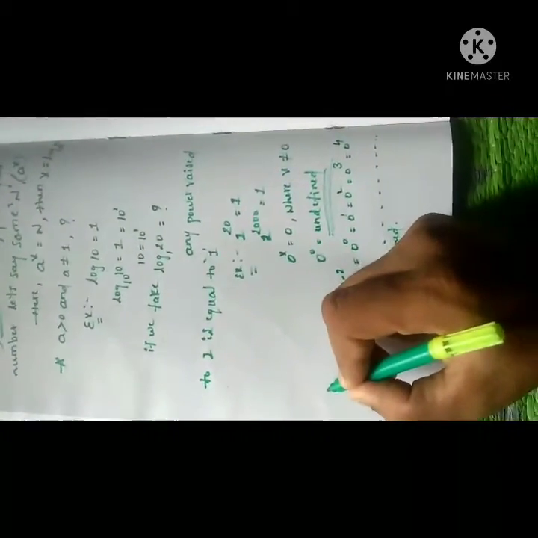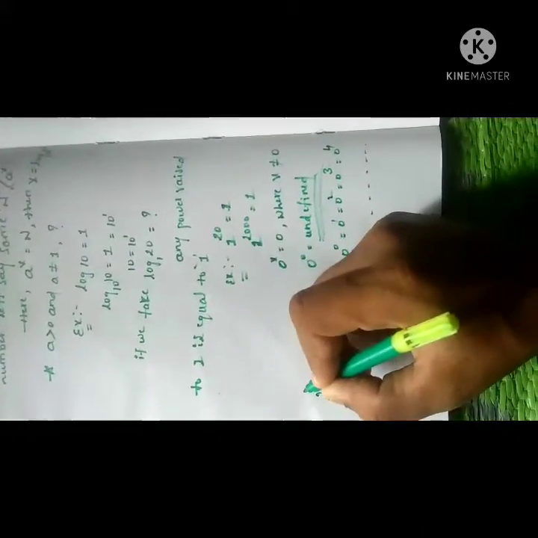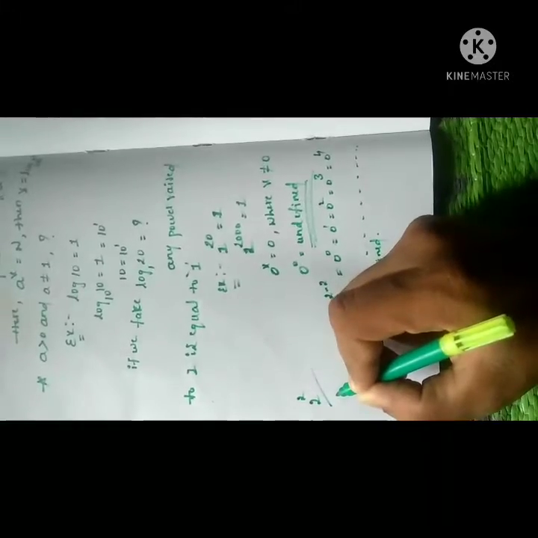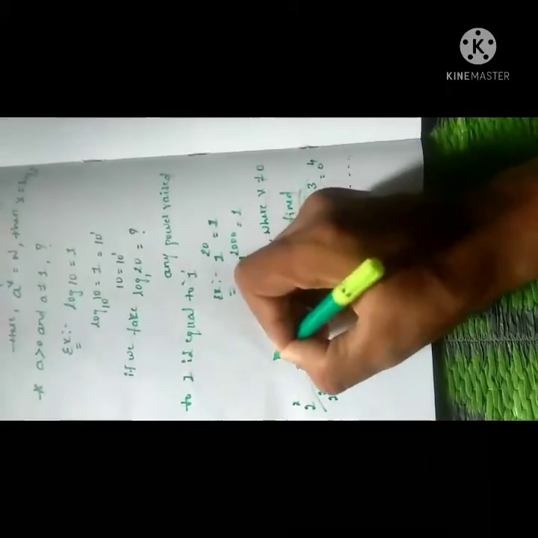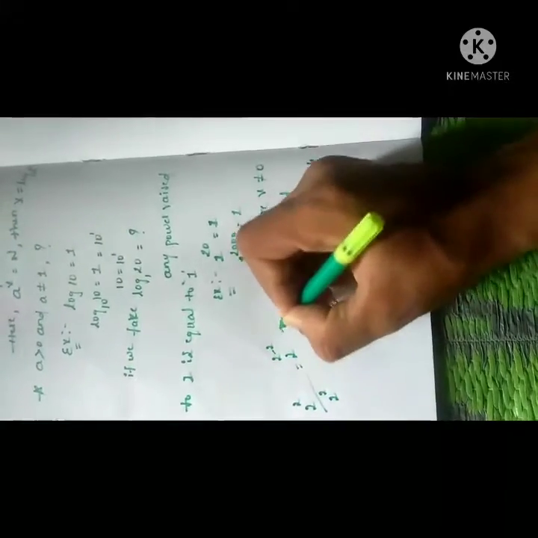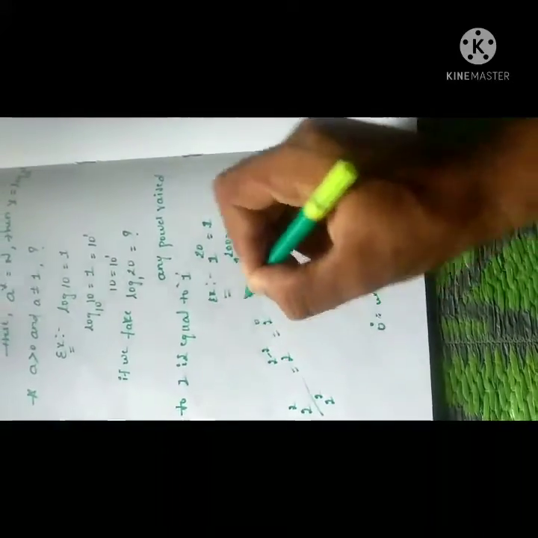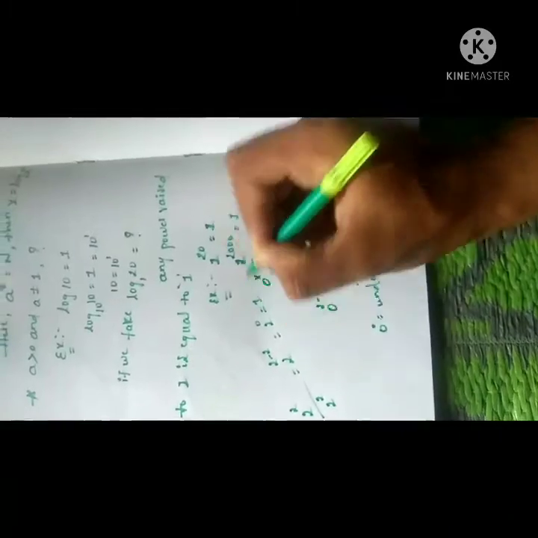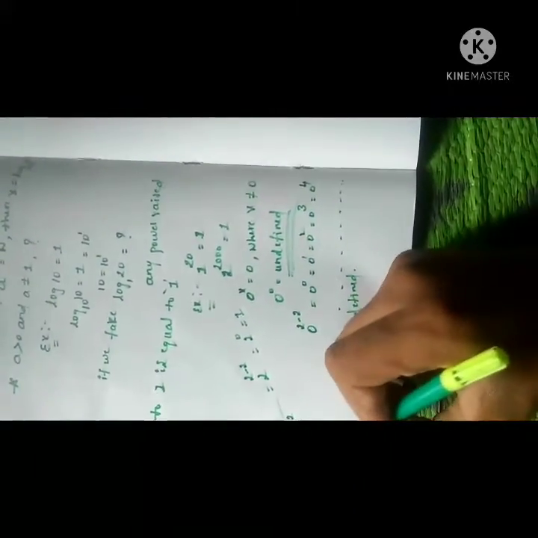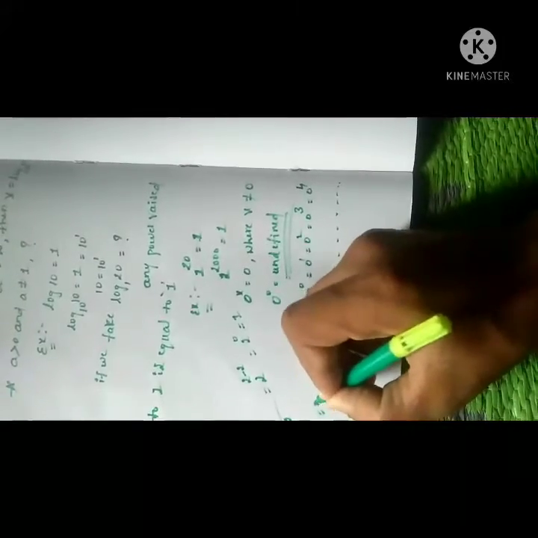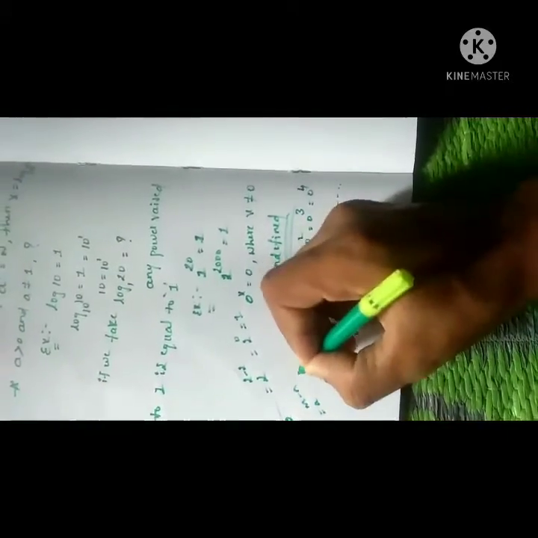For example, 2 power 2 by 2 power 2 equals 2 power 2 minus 2 equals 2 power 0 equals 1. A power m by a power n equals a power m minus n.